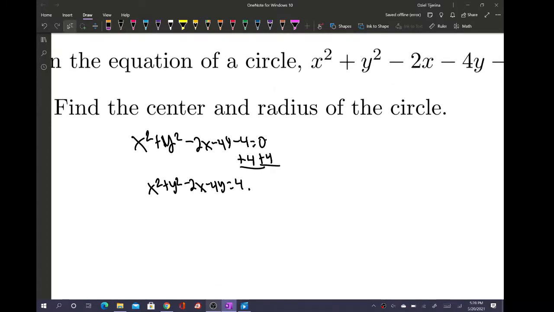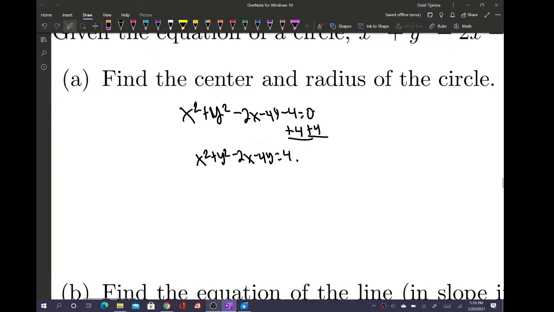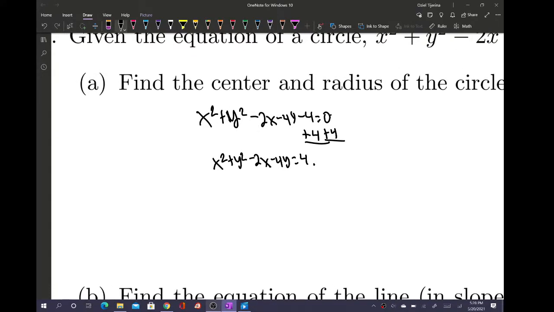Now, you want two perfect square binomials: x squared minus 2x plus something, plus y squared minus 4y plus something, equals 4.